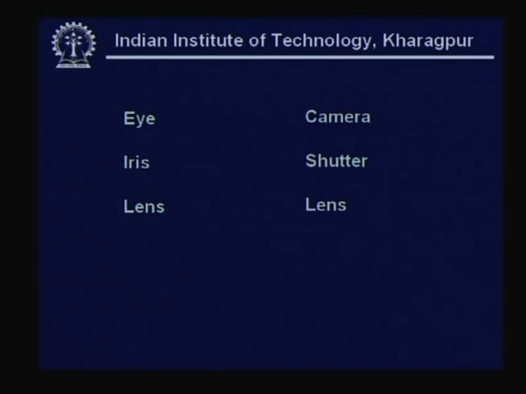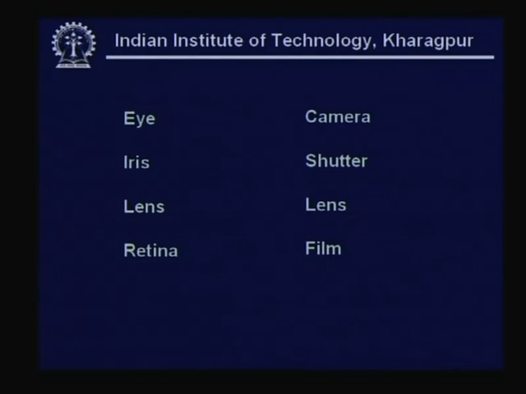Just as the optical lens is there in a camera, the eye has a lens which focuses the incoming light and enables us to see, and the process of seeing is enabled by formation of the image on the retina. So, what do we find? They are highly identical.